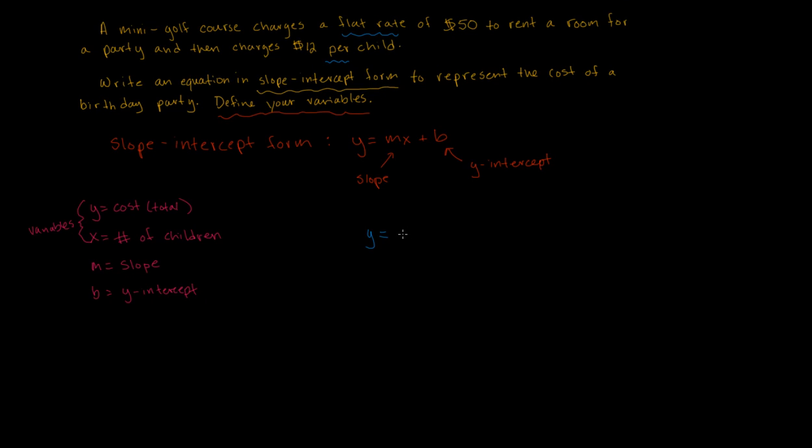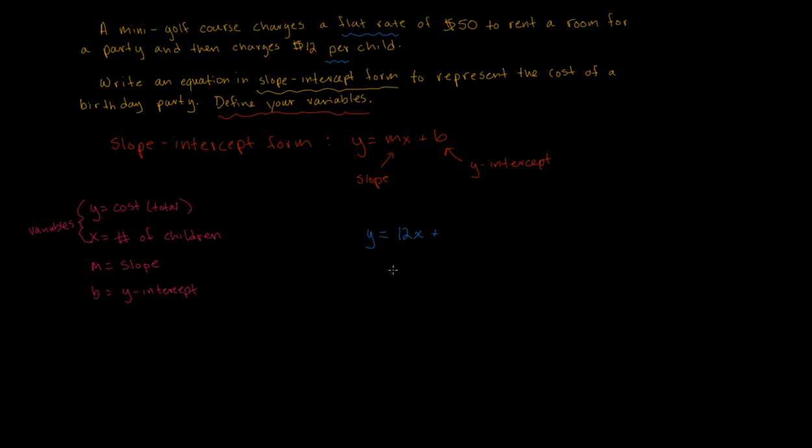Our slope is going to be 12, and it's going to be $12 per child. We said this was number of children, so it's $12 per child. Plus, because we have our plus here, what's our y-intercept? Well, let's consider that no kids come to the party.